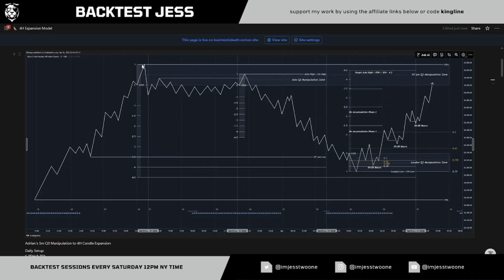And so our fib levels that are forming from these 5-minute manipulation swings or change in state deliveries are actually pointing us towards this OTE area. Once we get into this OTE area, a 5-minute manipulation forms and it points us back to previous day high.